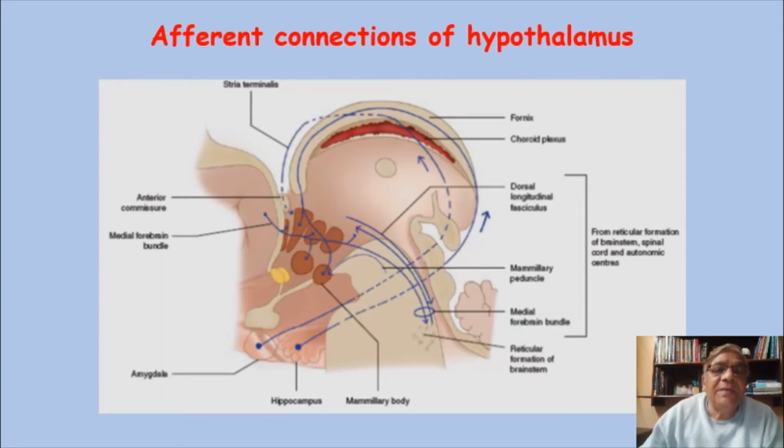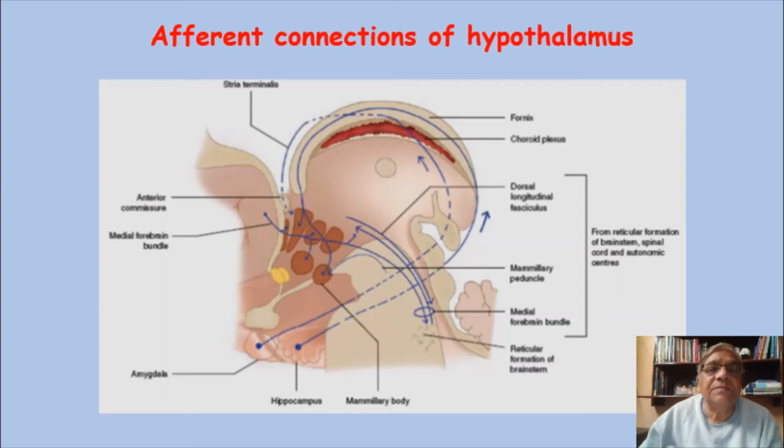Then the fibers are also coming from the amygdaloid nucleus. This is the complex of the amygdaloid nuclei, and these afferent fibers run in a bundle which is called the stria terminalis. See these stria terminalis fibers, they come here, and then they end in the preoptic and the anterior nucleus.